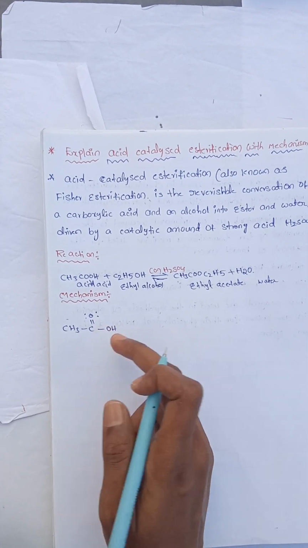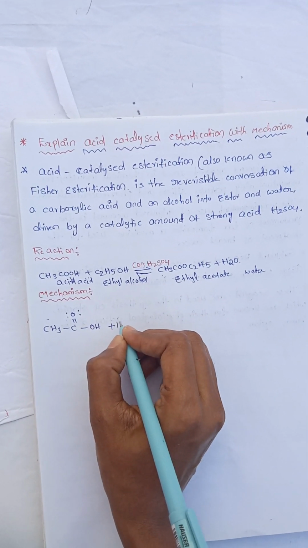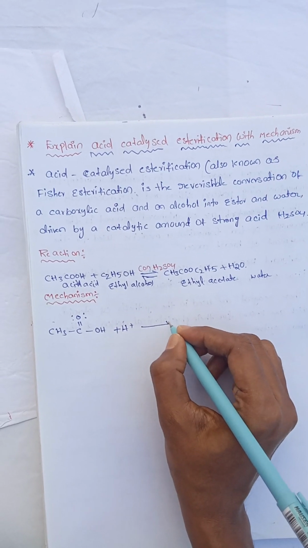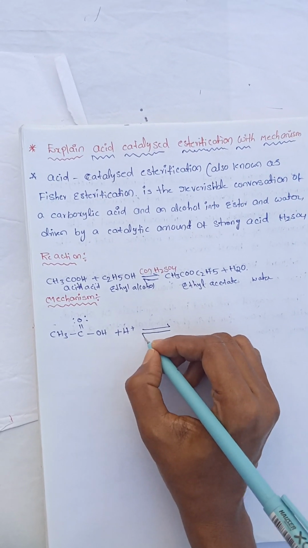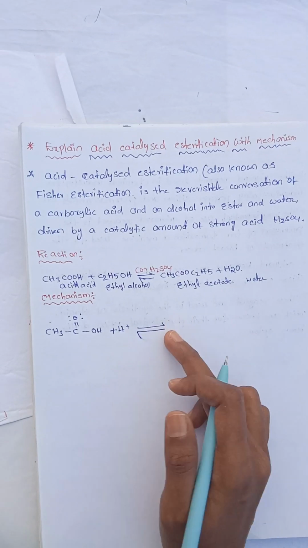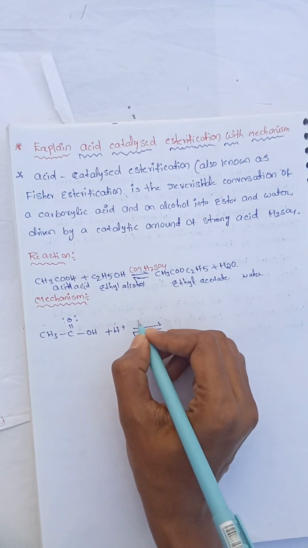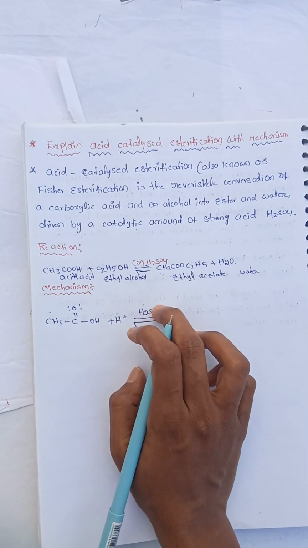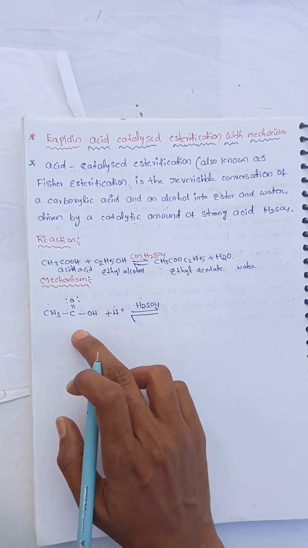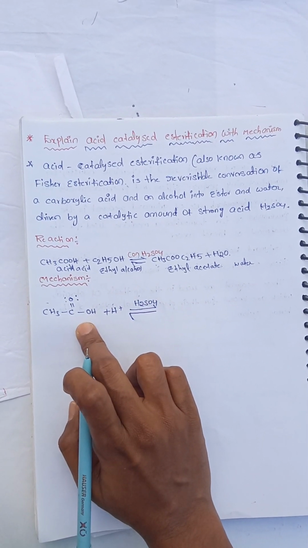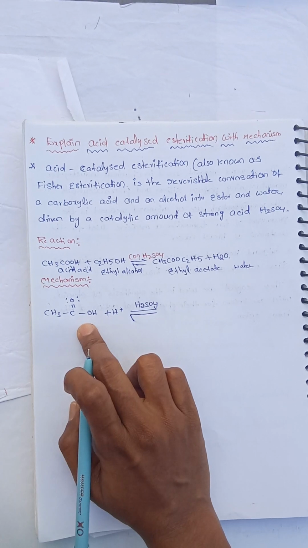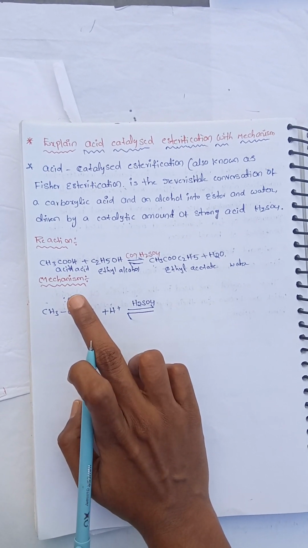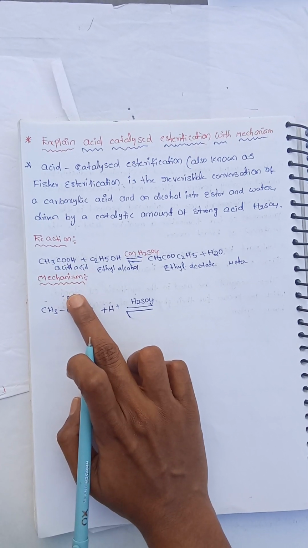Acetic acid is reacted with H2SO4. This is a reversible reaction, so you have to write it like this, as a reversible reaction. The oxygen in acetic acid has lone pairs.